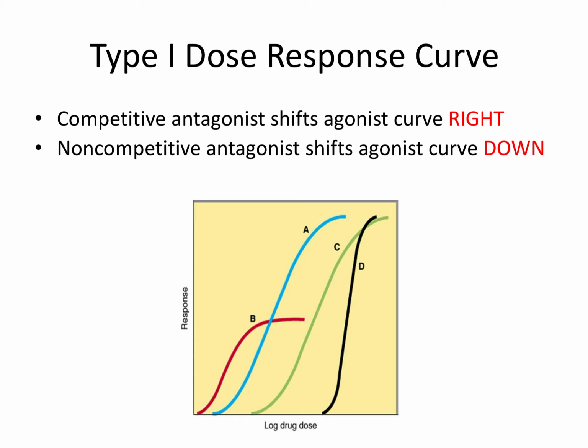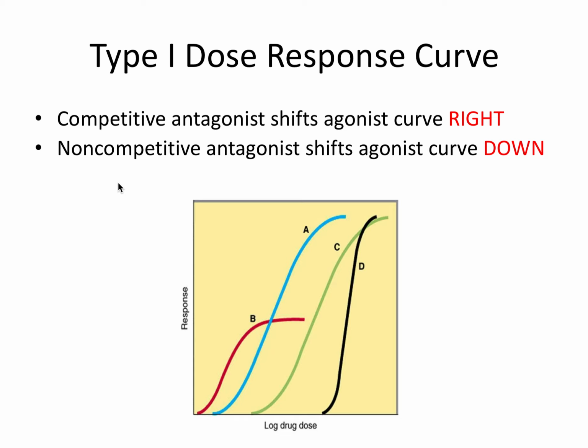In other words, you can't just keep flooding agonist drug to overpower this. Instead, we're locked down here at, in this example, probably around 40 or 50% of our Emax that we would typically have when a non-competitive antagonist is in the mix.